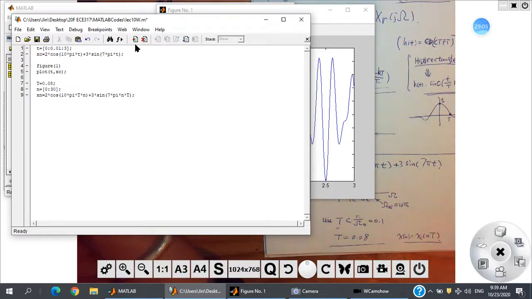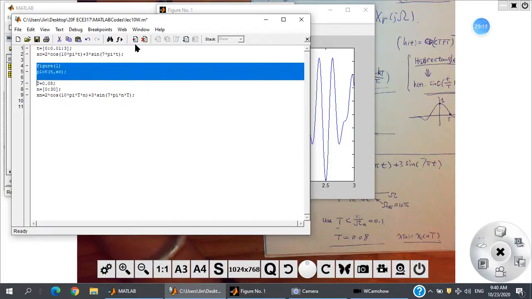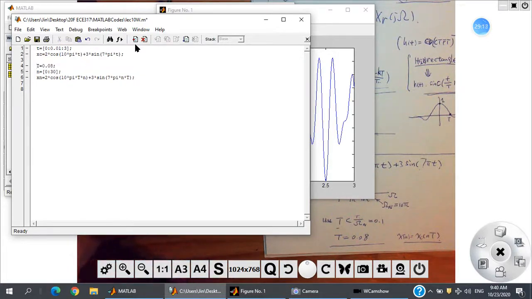And then let's show them together. So, okay, let's put the plot here. Plot t and xc. Then I have n times T and xn. Xn, I use a circle for it.